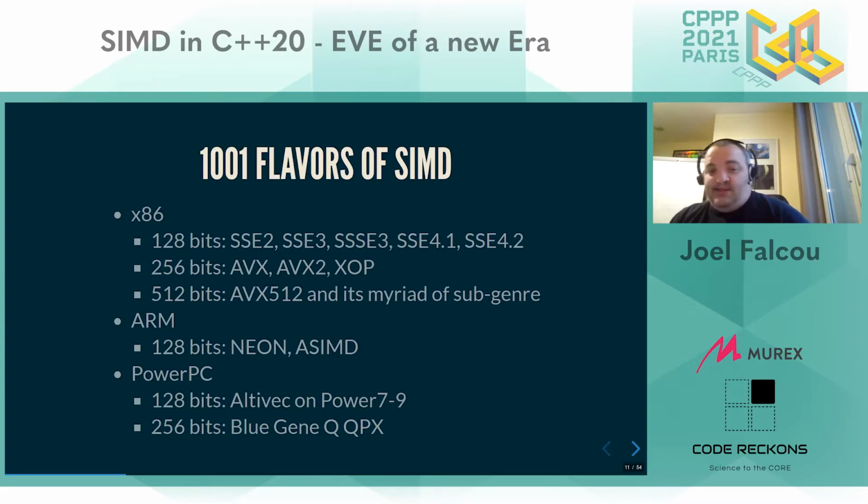ARM has the same system. It has something called NEON, and its 64-bit compatible version. There is also SVE, but we won't be talking about that today. And PowerPC has some stuff also, a 128-bit instruction set called AltiVec, which is basically what's on Power 7 to 9 and probably 10 now.